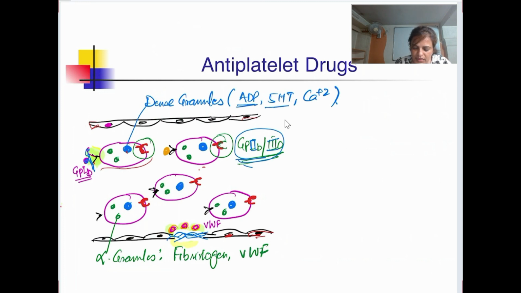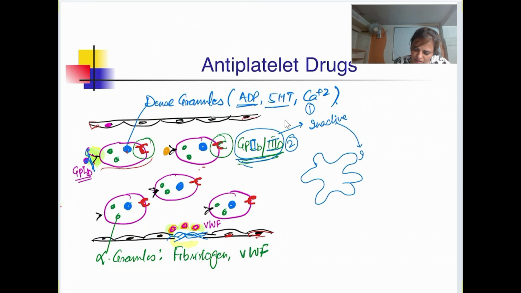ADP, 5-HT, thrombin and calcium. Plus it also causes, one is this, and the second is it is going to bring a conformational change. As this platelet gets activated, there will be a conformational change in the structure of the platelet, and this receptor which was earlier inactive, because of this will be converted into the active form.